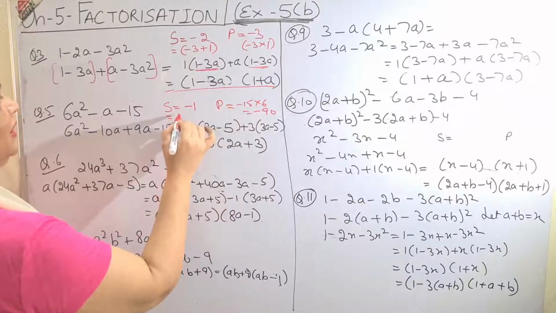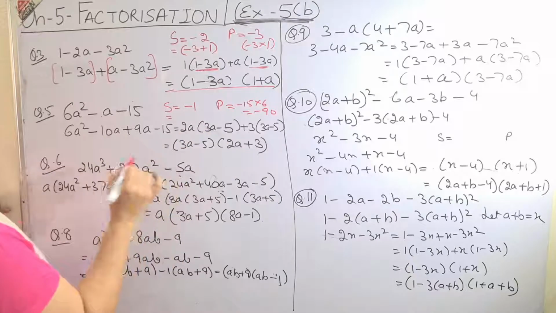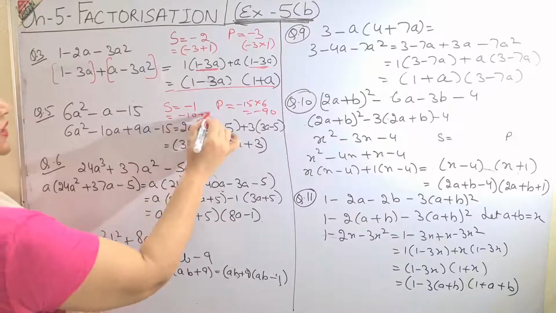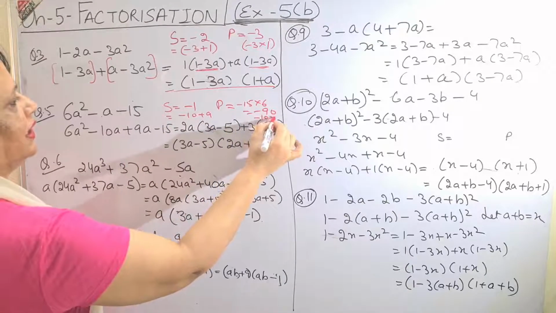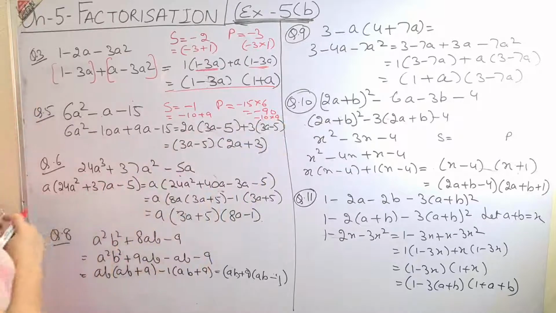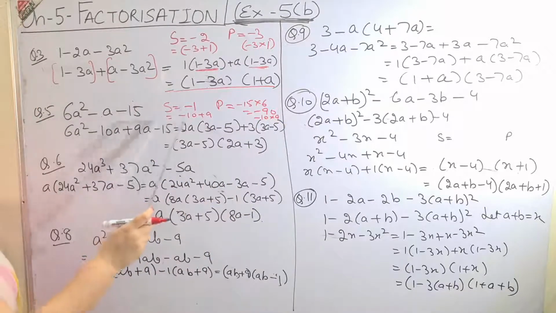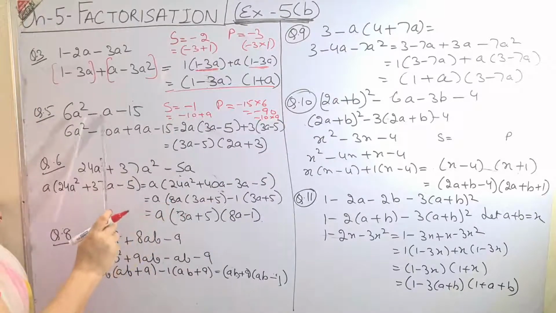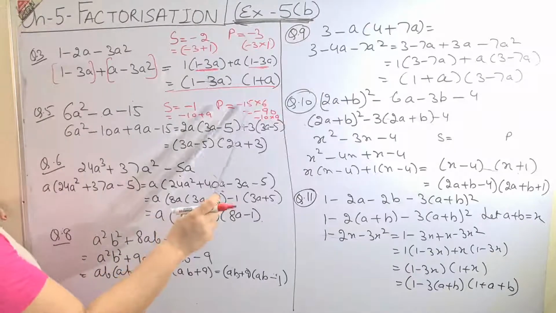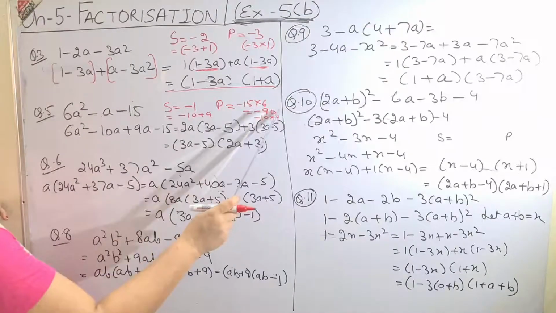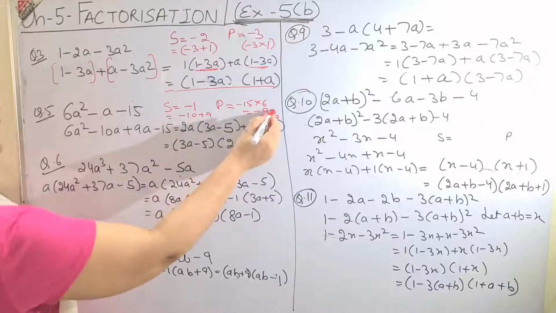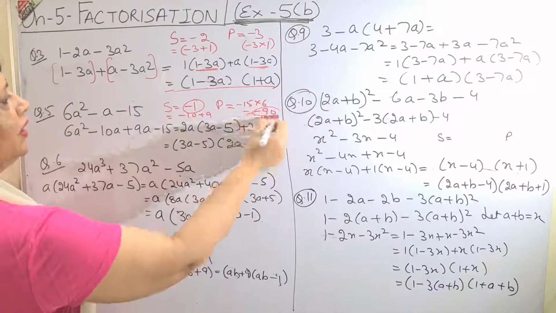The two numbers which I can take are minus 10 plus 9 and minus 10 into 9. So see, minus 10 plus 9 is minus 1, and minus 10 into 9 is minus 90. I needed these two things. I got the two things, and now I can proceed.